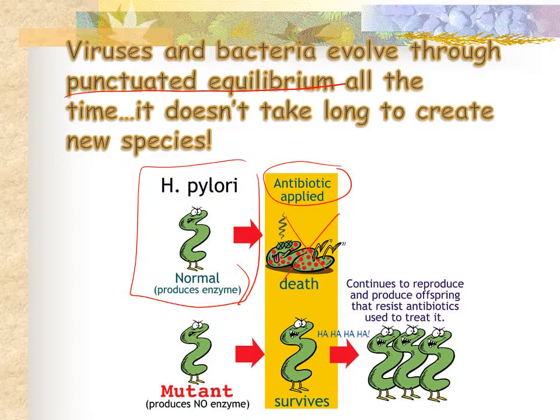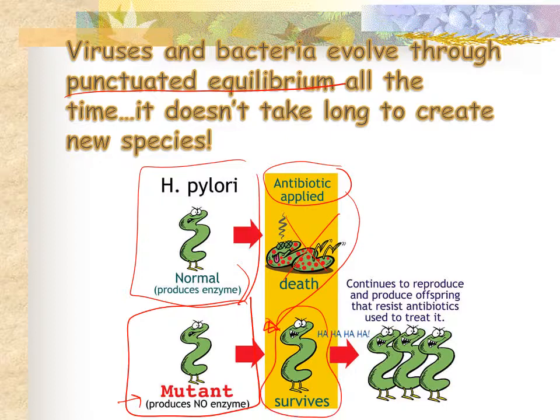The bacteria is killed off. But there can be mutant strains, which are a different species. This one doesn't produce the enzyme, so when the antibiotic is given, nothing happens to it. It just survives and passes on its good genes, good for the bacteria, to make more bacteria. And these are what we call antibiotic resistant bacteria, and it's a major problem in modern medicine.